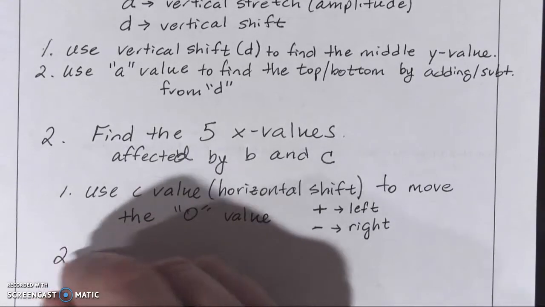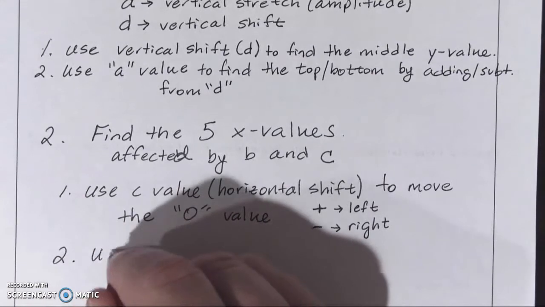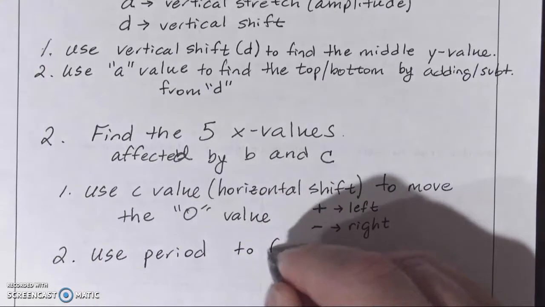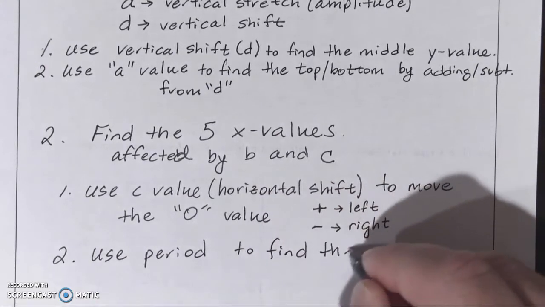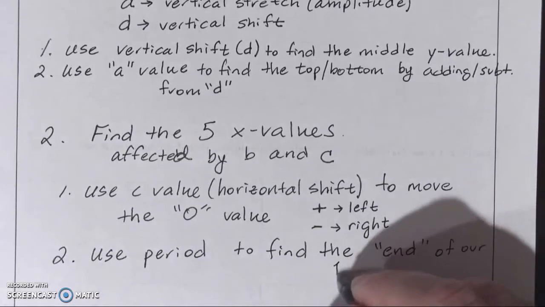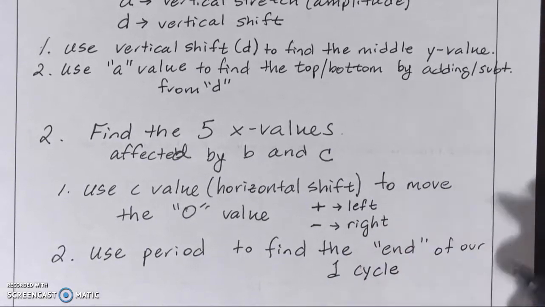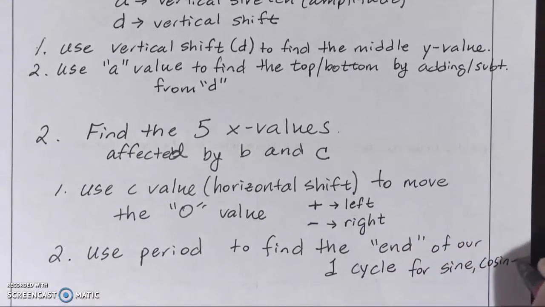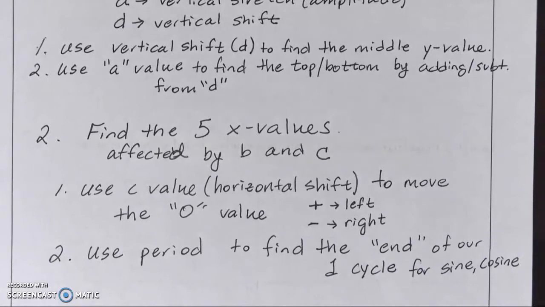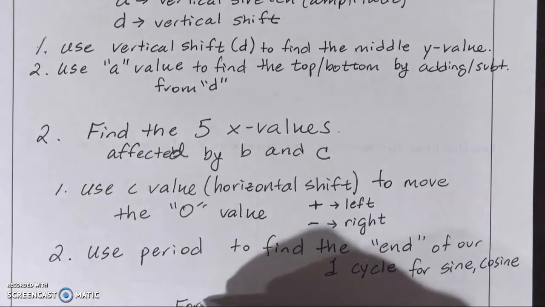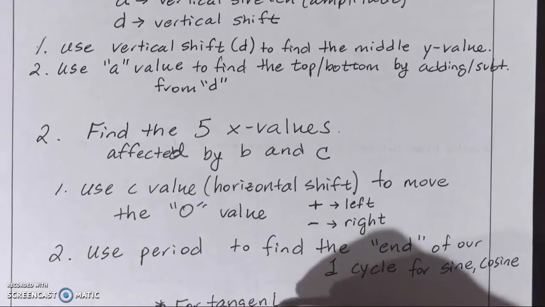And then secondly, we're going to use the period to find the end of our one cycle for sine and cosine graphs. For tangent, well, we'll get into that in just a little bit.